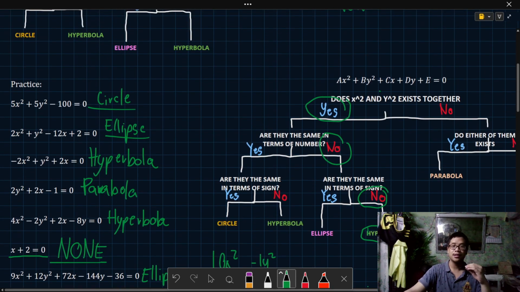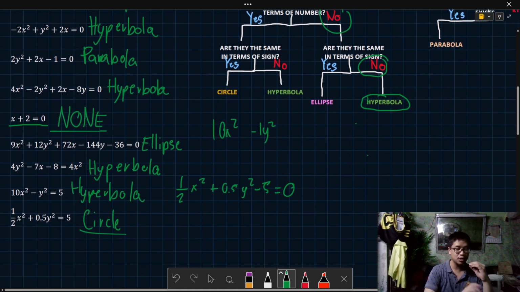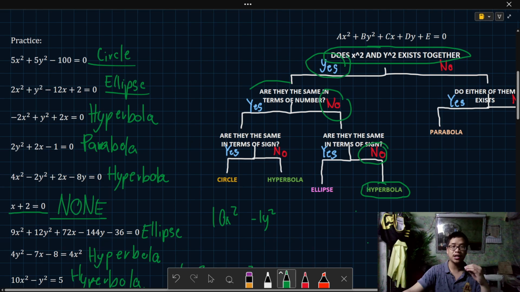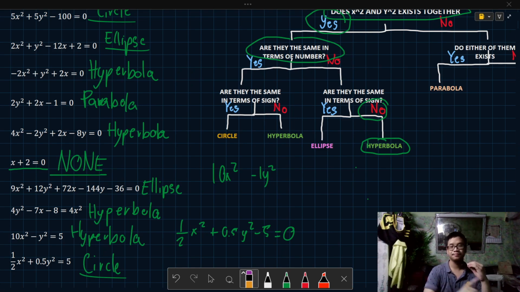So again, does x squared and y squared exist together? The answer is yes, they do. Because we have 1 half x squared and 0.5 y squared. All right. Now next question. Are they the same in terms of number? What do you think? The answer is yes.